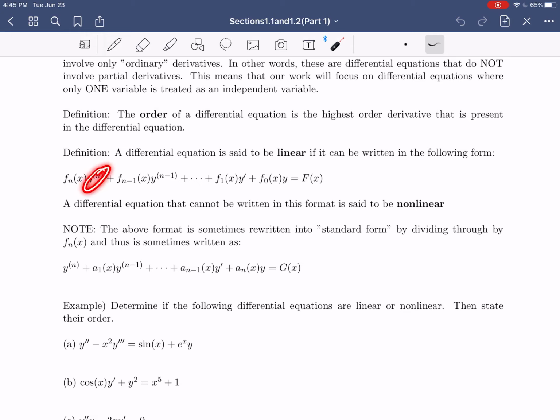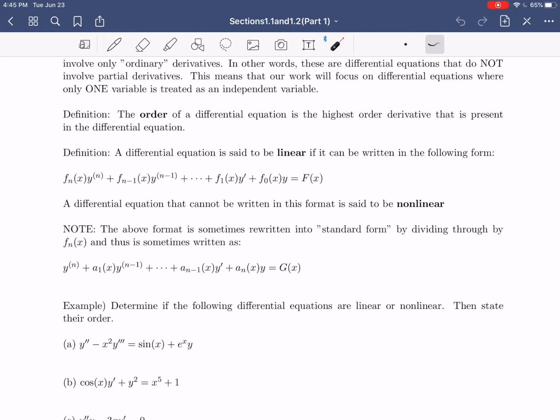But notice there are no functions applied to the dependent variable y or any of its derivatives. Said another way, a linear differential equation is basically a differential equation where the coefficients of the dependent variable are only functions of x. So you can sort of see that the coefficient of each derivative or each dependent variable is going to be just a function of the independent variable.